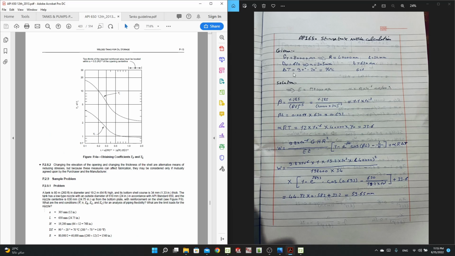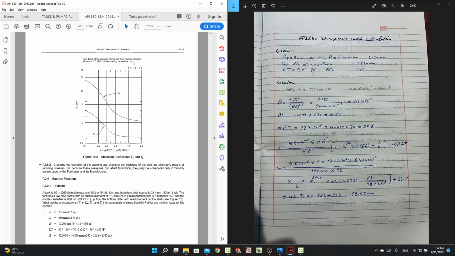First of all, we have an 80 meter tank with a shell thickness of 34 millimeters, and we have a bottom nozzle with diameter 610 and length from the bottom 630 millimeters. Our operating temperature will be 90.